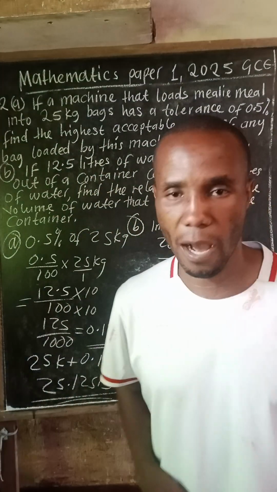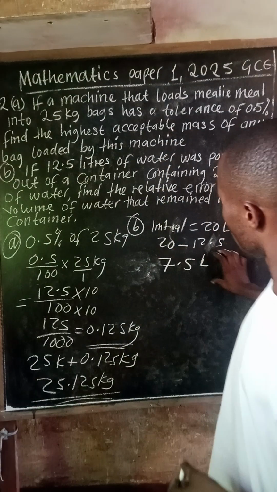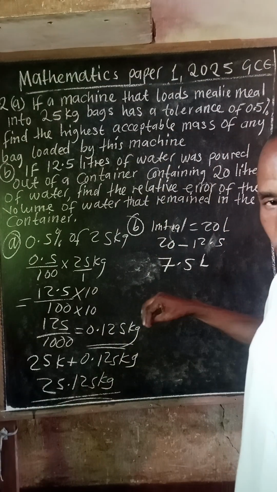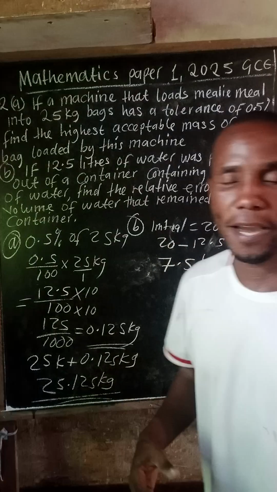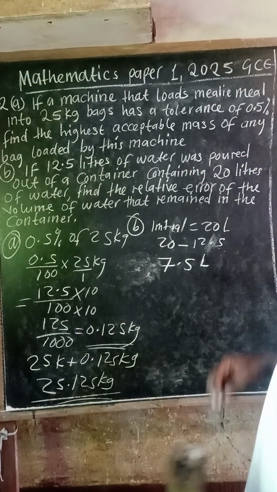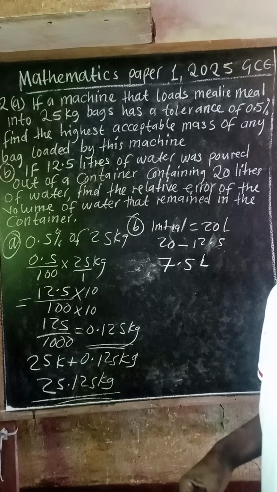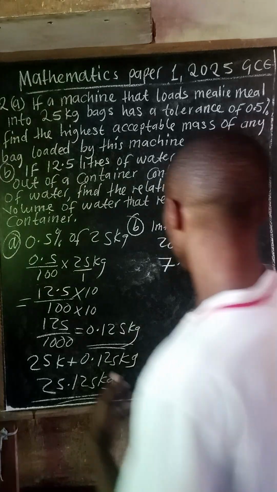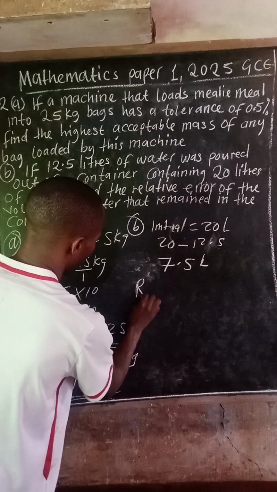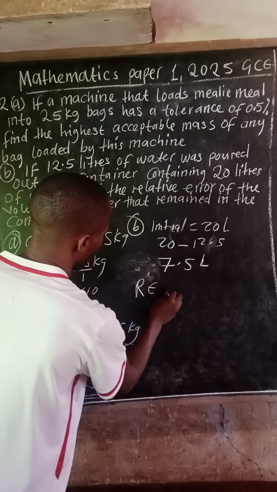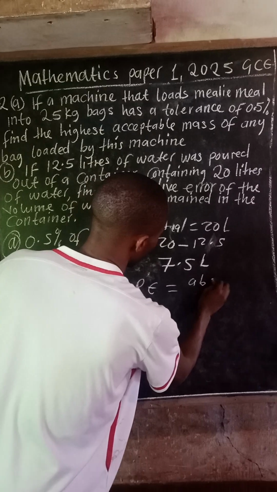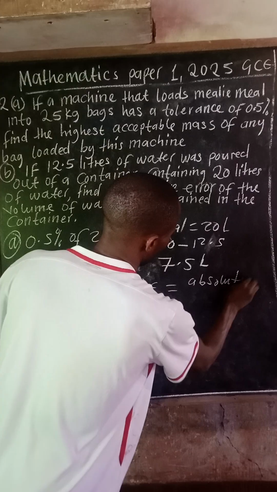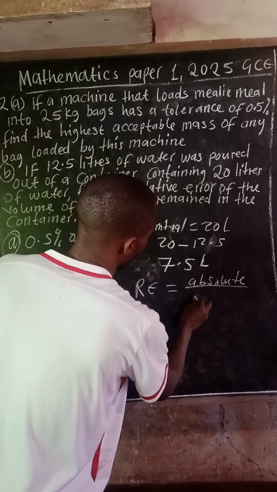Okay, so now having found the amount of water that remained in the container, we can find the relative error. So what's the formula for relative error? Relative error is equal to absolute error over true value.